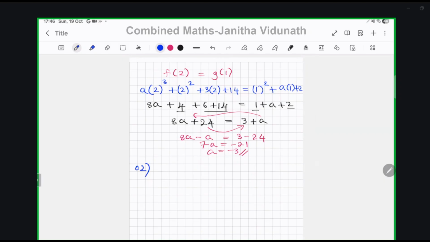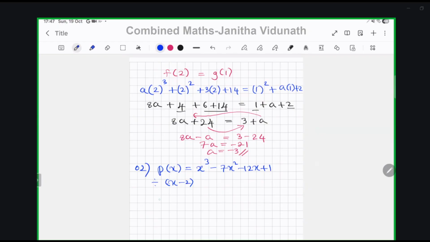Here they have mentioned that px, that means x to the power 3 minus 7x squared minus 12x plus 1, is divided by x minus 2.